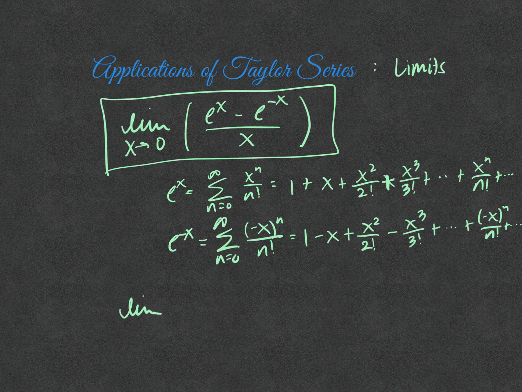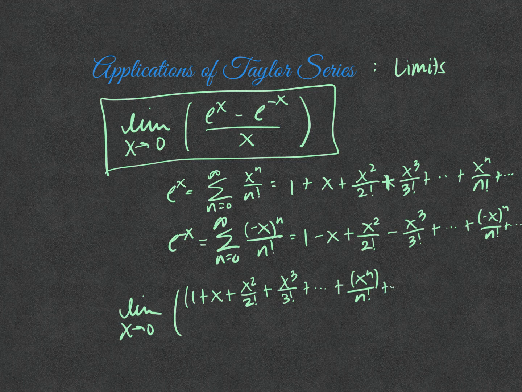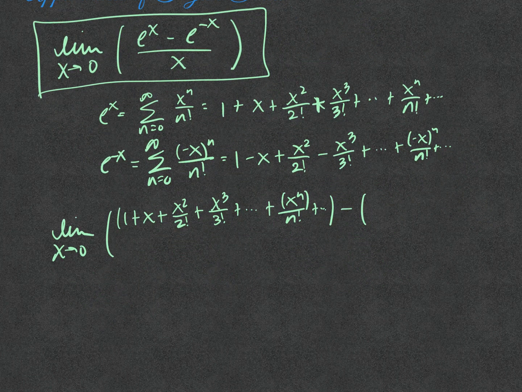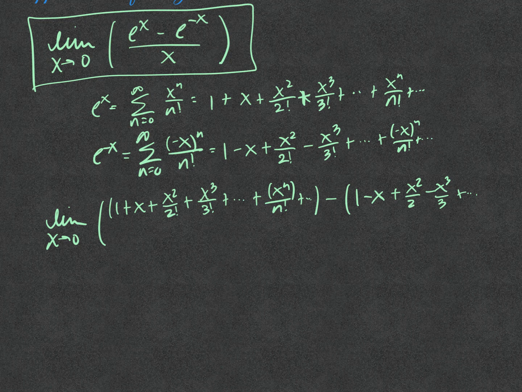So we're going to say the limit as x approaches 0, and we have e to the x, which is 1 plus x plus x squared over 2 factorial plus x to the third over 3 factorial plus dot dot dot plus x to the n over n factorial, minus e to the negative x, which is 1 minus x plus x squared over 2 minus x to the third over 3 plus dot dot dot plus negative x to the n over n factorial. And all of this is over x.